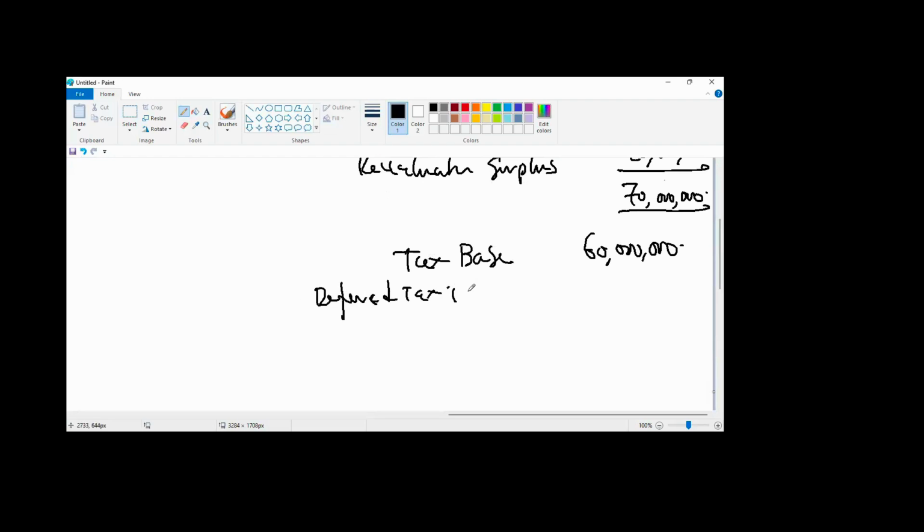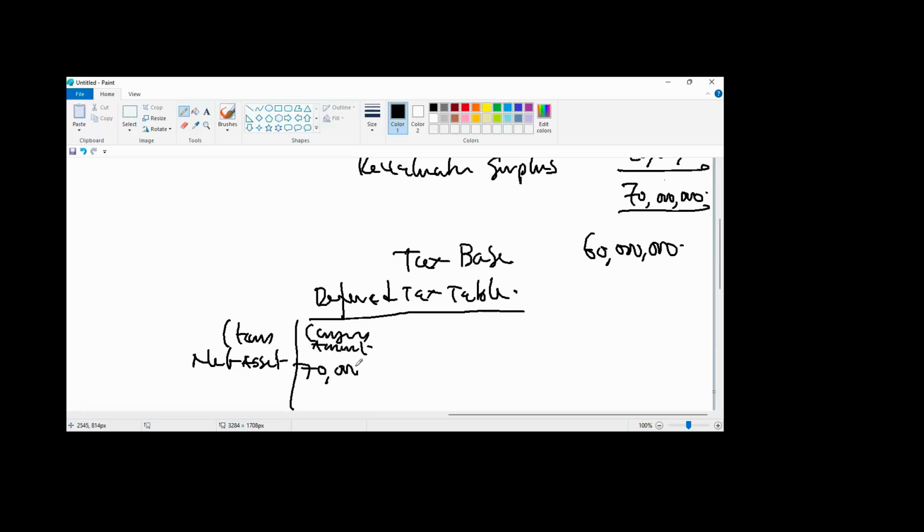Deferred tax table. Items: net assets. Carrying amount, which is the 70 million. Tax base, which is going to be 60 million. Has it created a temporary difference?